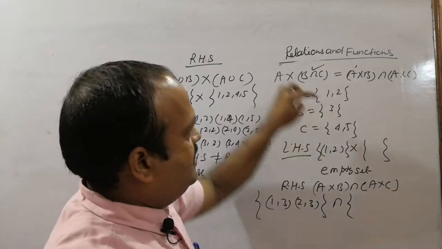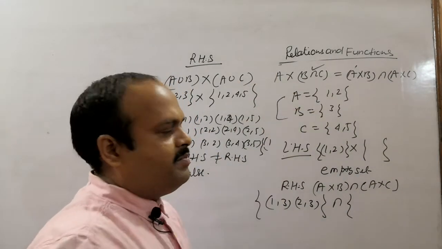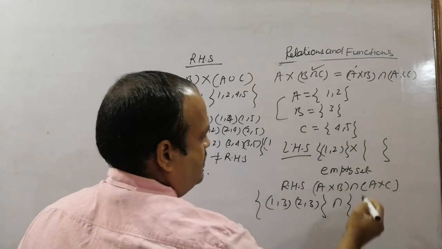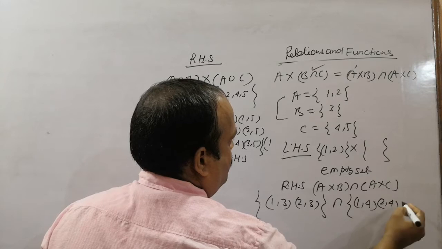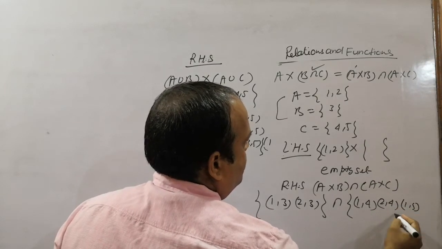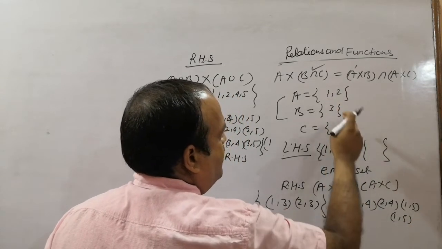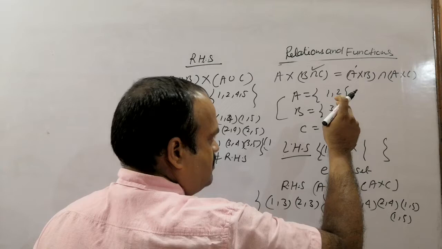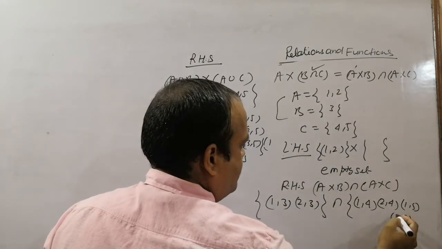Come to A cross C, A and C, 2 elements, 2 elements, so there will be 4 ordered pairs. These are (1,4), (2,4), (1,5), (2,5).